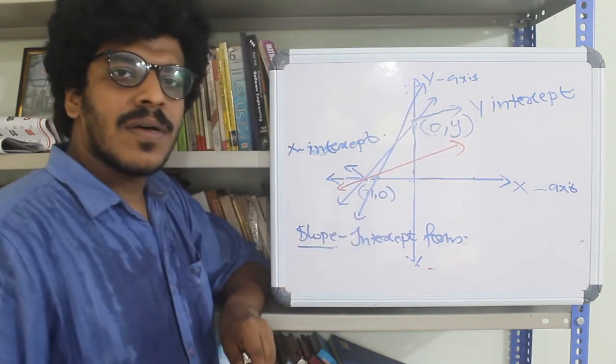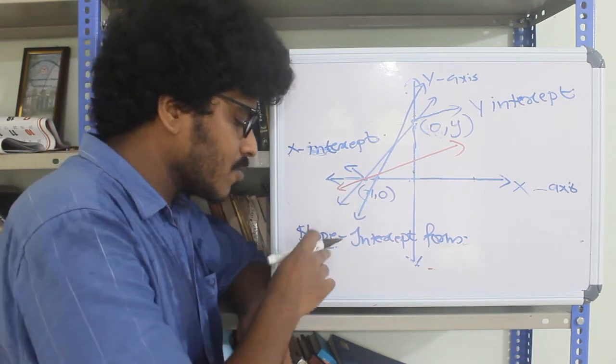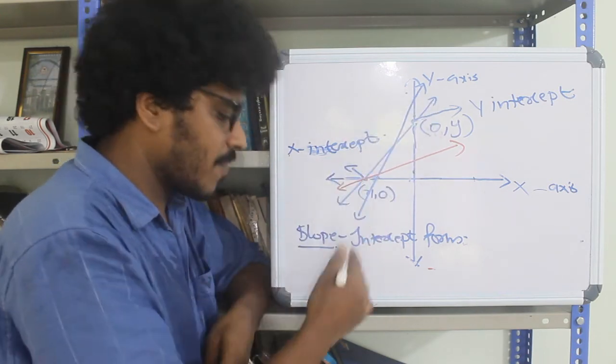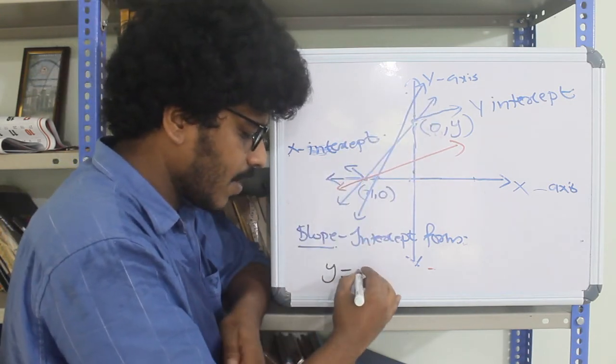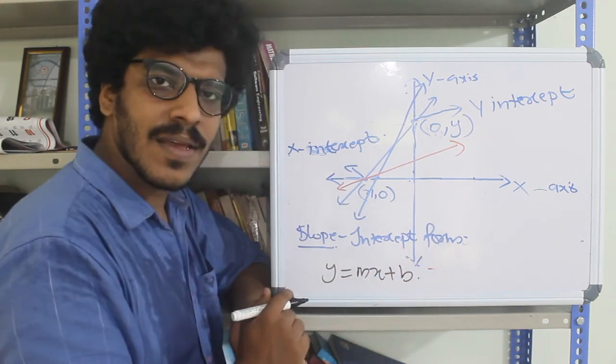Right. So we can rewrite an equation using the slope intercept form, or the slope intercept form of a line is y equal to mx plus b. Right.